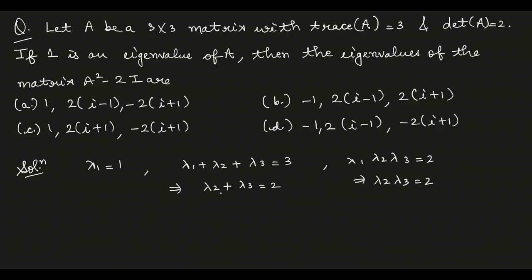I form the equation from the sum of the roots and the product of the roots. The roots are 1 plus iota and 1 minus iota. So now we need to find the eigenvalues of A square minus 2I. Okay, I hadn't seen the whole question. Okay, fine.